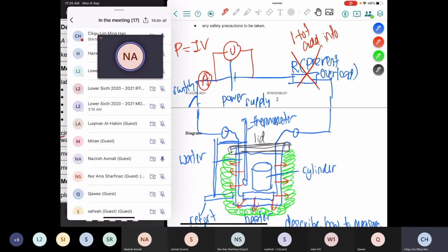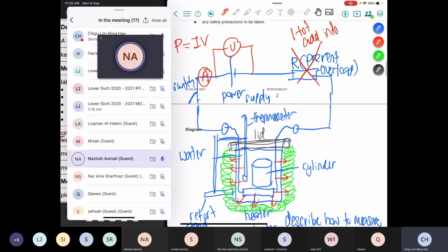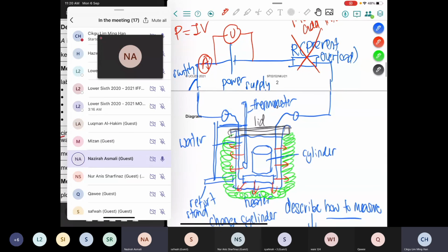Okay. Anything else? Nazira? Yes. Sorry, the V there, why is it connected to the heater? Because it doesn't ask for the power of the heater. Oh, you got a good point here.